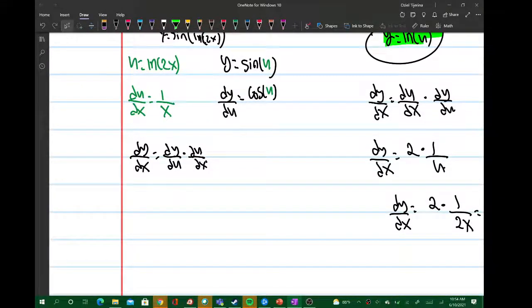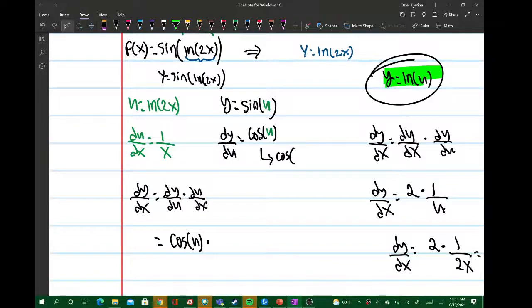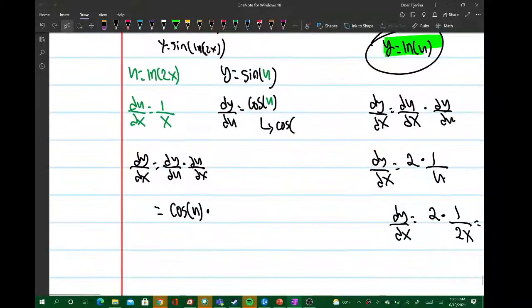So this is equal to cosine of u, times du dx, which is 1 over x.